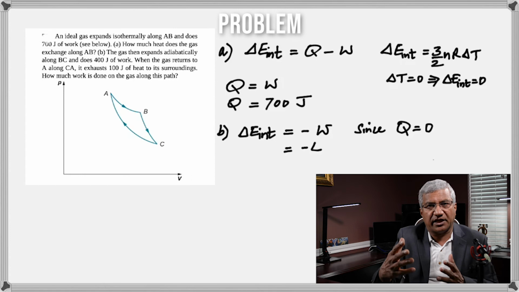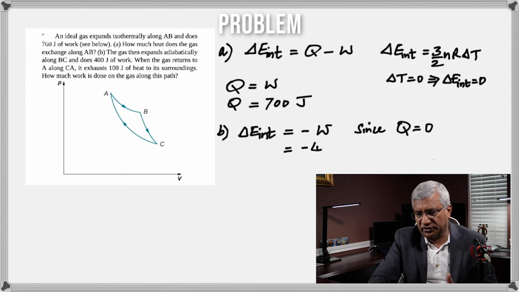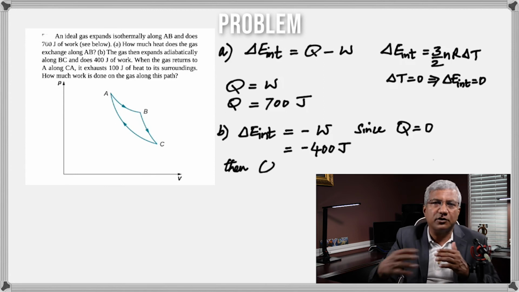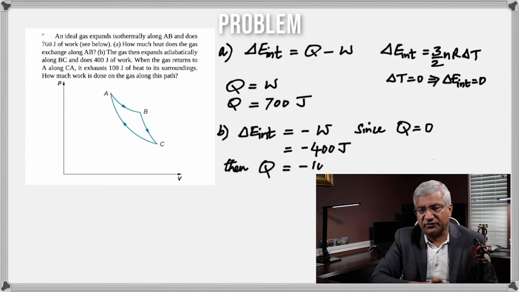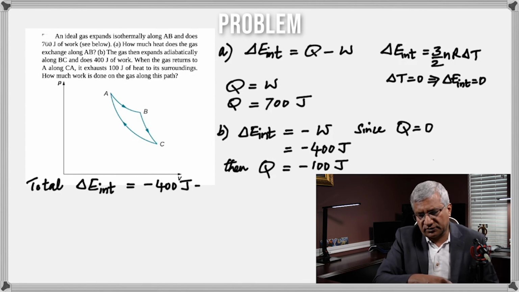That means if the gas does work, it loses that much internal energy. So the change in internal energy is negative 400 joules in the process BC. And then on top of that, it loses 100 joules, like I said. So that's again negative 100 joules. Therefore, the total change in internal energy is, of course, negative 500 joules.